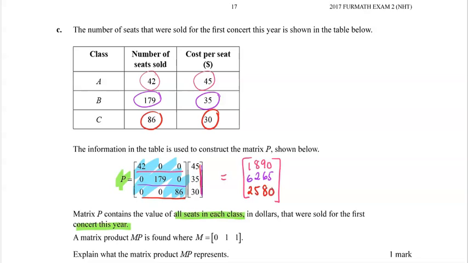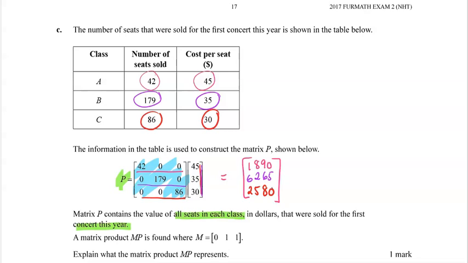So matrix P itself is actually, when we evaluate that multiplication, a column matrix, which is showing us the total revenue or the total amount made by selling the seats at the cost given in the table above. And so that's a special use of a diagonal matrix there.